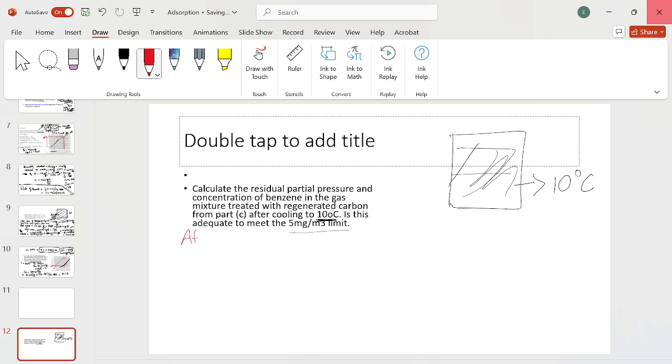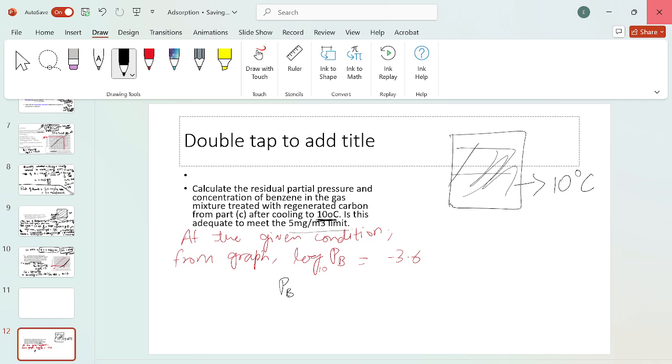At the given condition, from the graph we will just take the log and we will get the value 0.0000251 millimeter mercury.